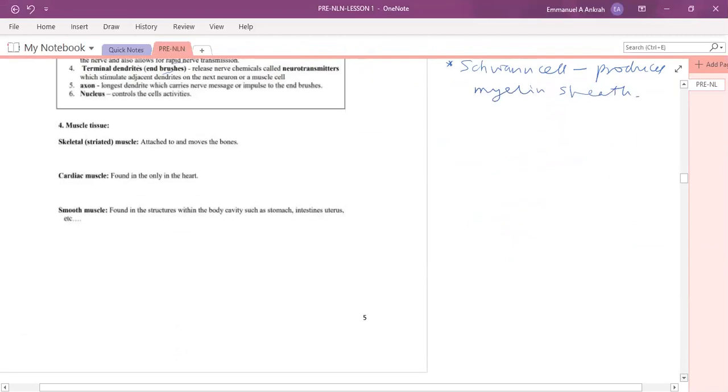There are three types: skeletal muscle, cardiac, and smooth muscle. Let's look at the skeletal muscle. The skeletal muscles are attached to and move bones.